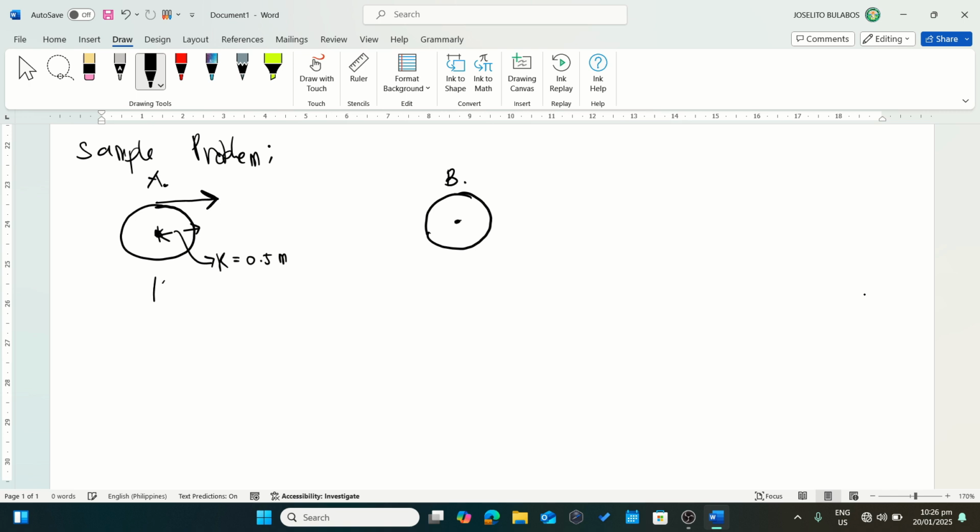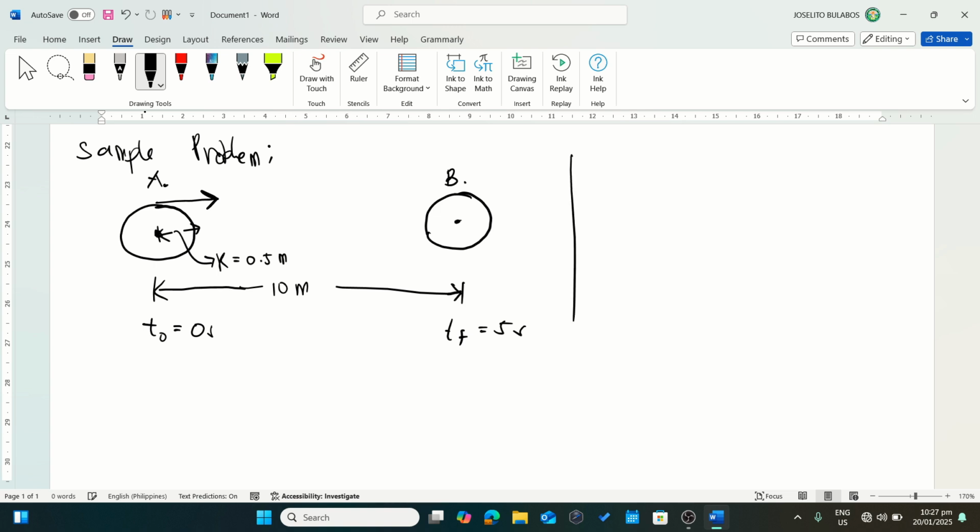Now suppose that the distance from point A to point B is, let's say, 10 meters, and it starts at time zero, 0 seconds, and the final time here is 5 seconds.